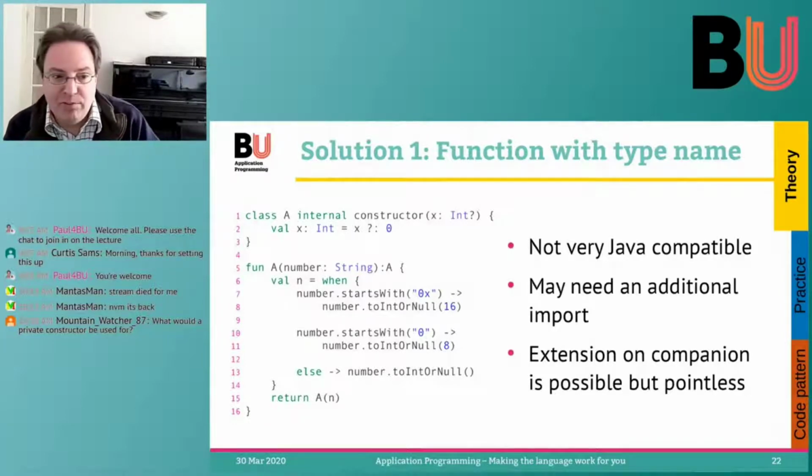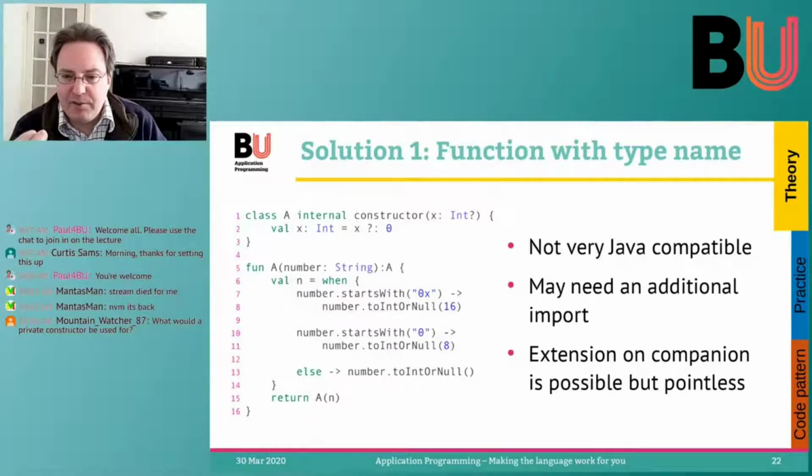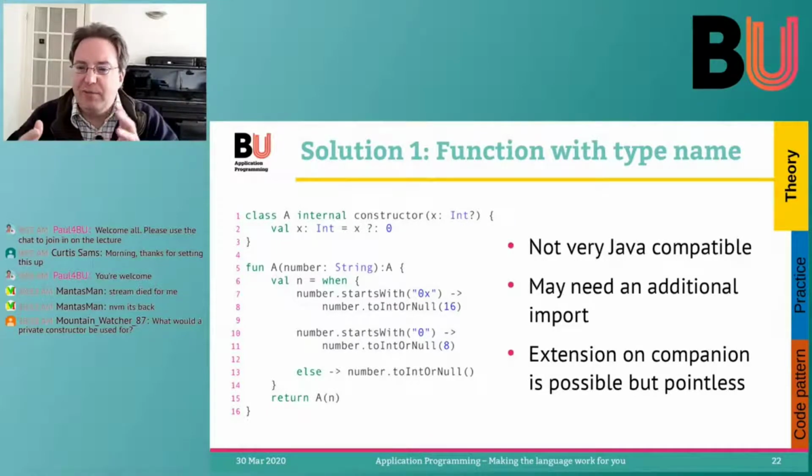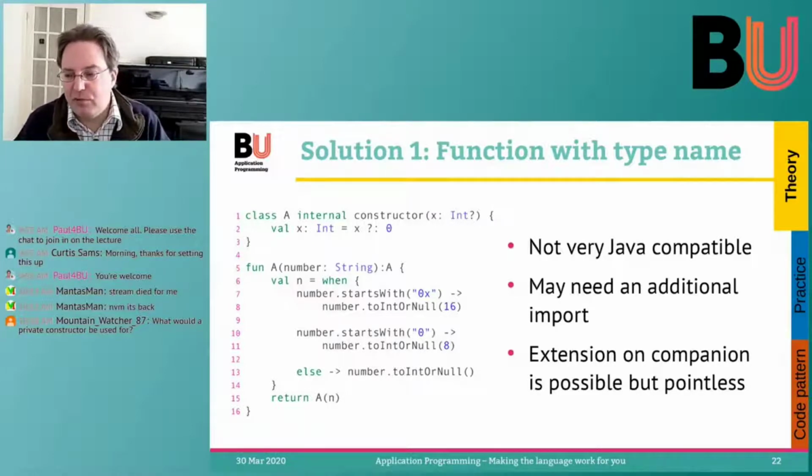So why would we want to use a private constructor? Basically, you use a private constructor in a class when you have another constructor that's not private, and you might want to do some checking before you use the private constructor, or you have a factory function inside a companion, which can access the private constructor.